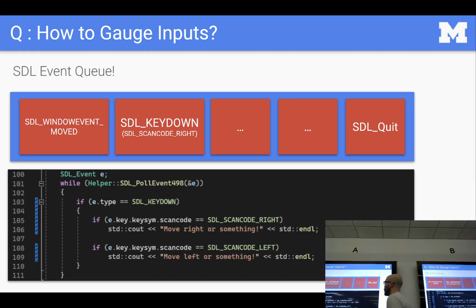How many of you ended up writing code like this? You've got your little while loop here to get you that event structure. You check, hey, is it type key down? And then if it is, you check what scan code it is, and you do something. It's pretty standard.